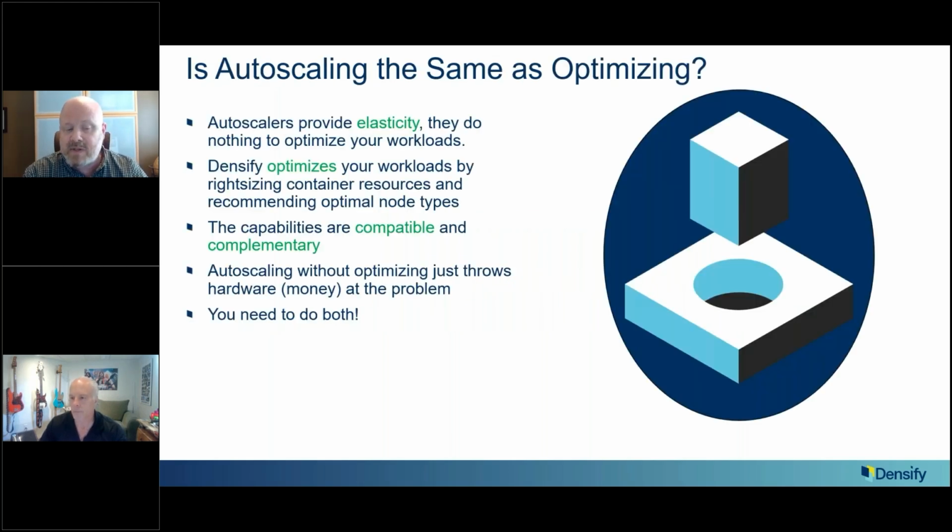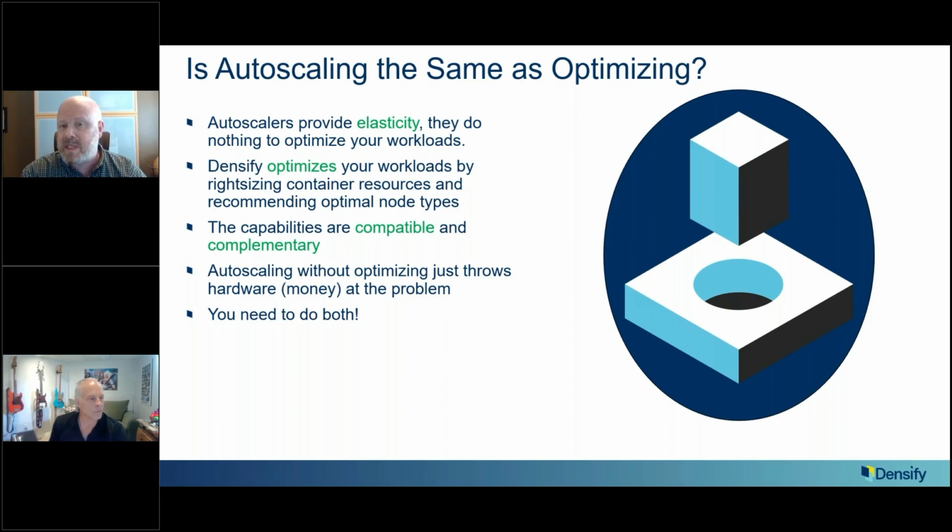So is autoscaling the same as optimizing? Autoscaling, keep in mind, is all about elasticity. It's about responding to changes in demand patterns and providing the right amount of capacity so that your applications remain performant and you have good response times, but also that you then respond to a drop in demand by deallocating any hardware that you don't require long-term.